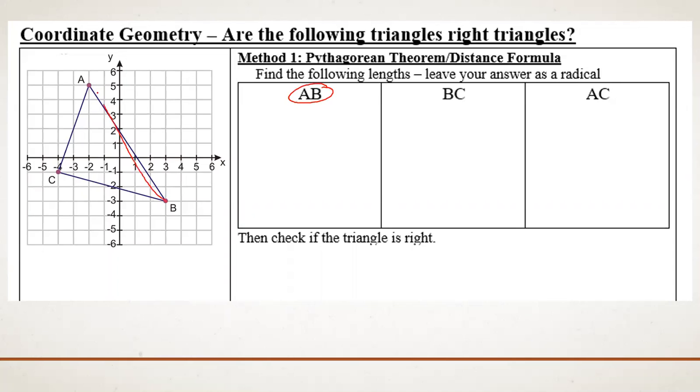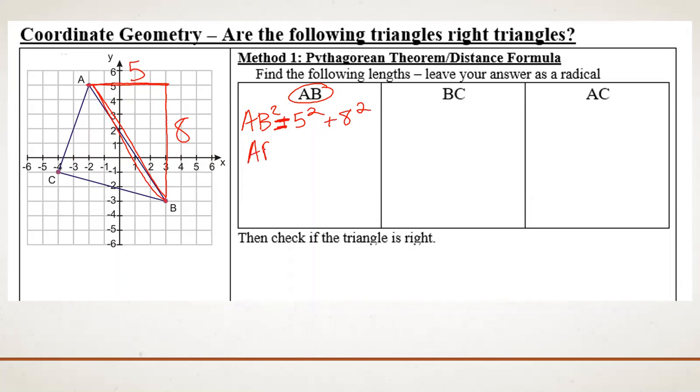So this is line segment AB, so I'm going to make it a right triangle. I'm going to go straight up and over. So I have 1, 2, 3, 4, 5. This length is 5, and then I count 1, 2, 3, 4, 5, 6, 7, 8. So I have AB squared equals 5 squared plus 8 squared.